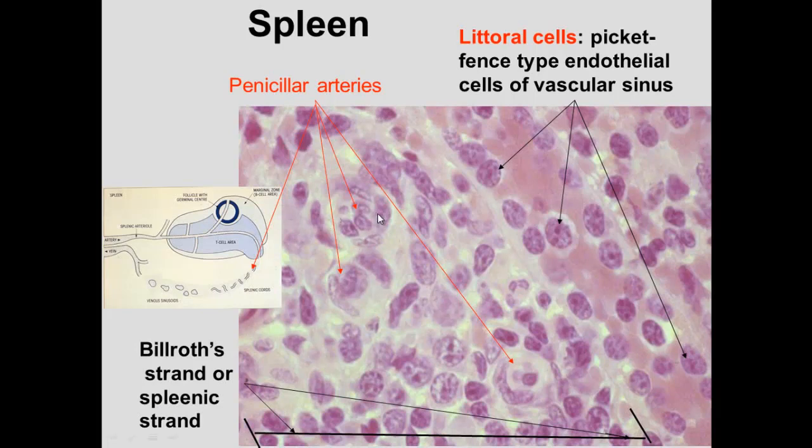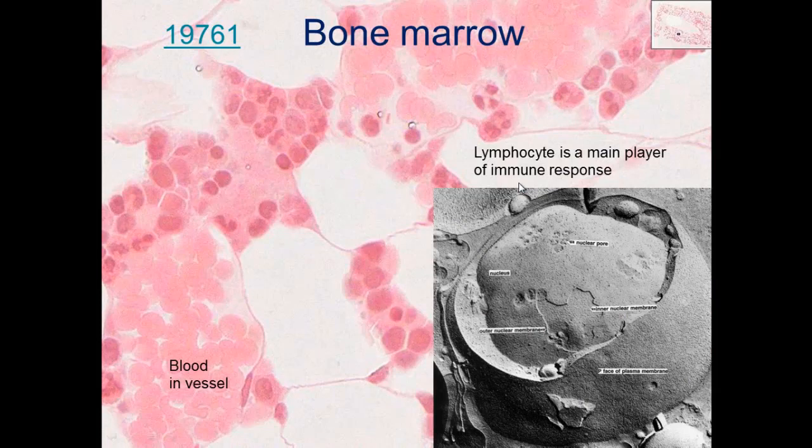Here we see the penicillary arteries, and here the Billroth strand, and this is the sinuses with the so-called littoral cells, which are picket fence-like cells. The blood is dumped here and has to squeeze through there to get back into the bloodstream. As a cell ages, it's less pliable, and so the red blood cells are ultimately eaten up by the spleen.